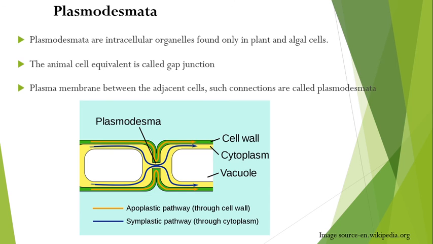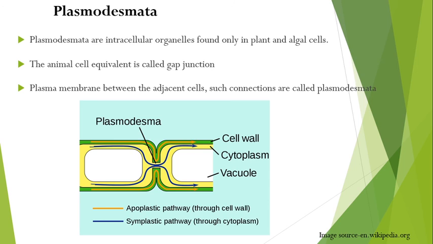They are usually simple but branched plasmodesmata may also be found, and their number and distribution vary considerably, like gap junctions. So plasmodesmata provide intercellular channels for molecules of up to 1000 molecular weight, including a variety of metabolic and signaling compounds.